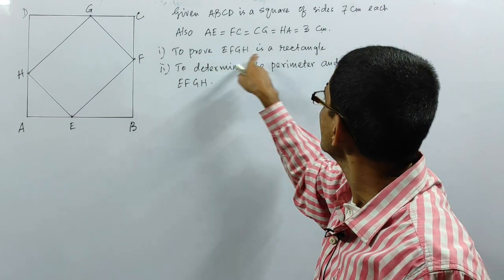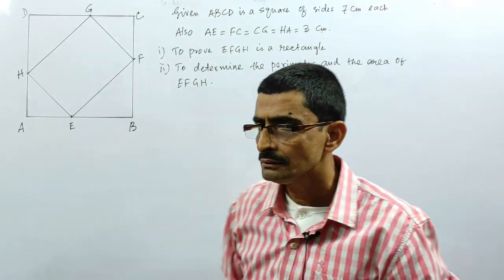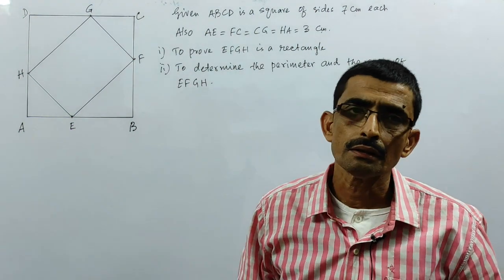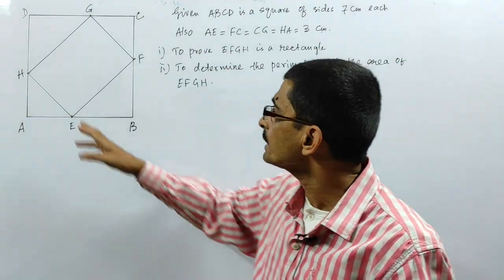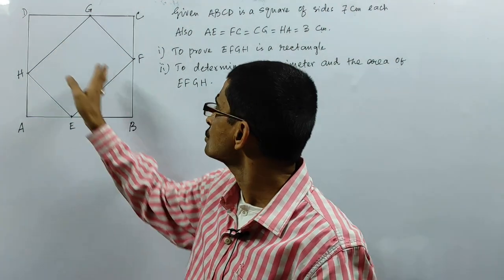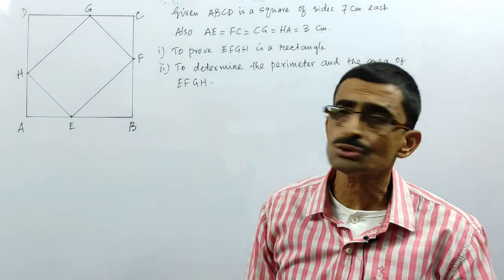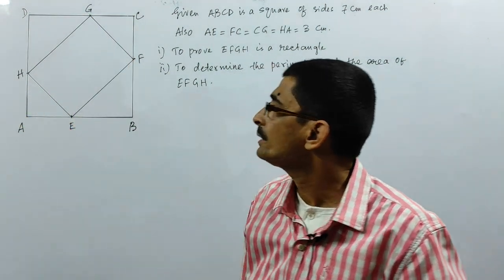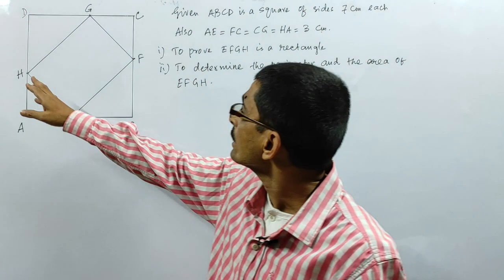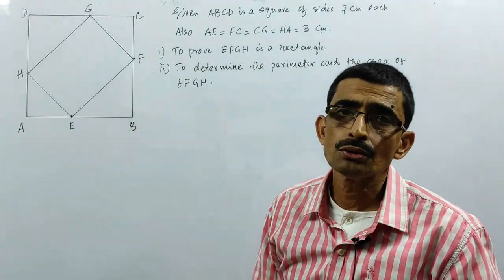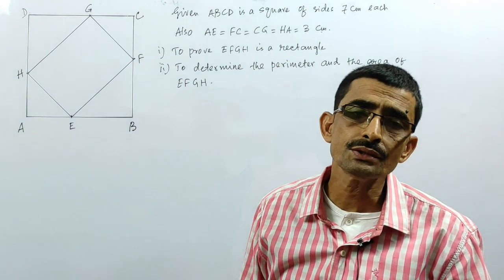To prove EFGH is a rectangle, we need to remember the characteristics of a rectangle. A rectangle has its opposite sides equal. So we have to prove FG is equal to EH or HG is equal to EF. Also each interior angle is 90 degree.